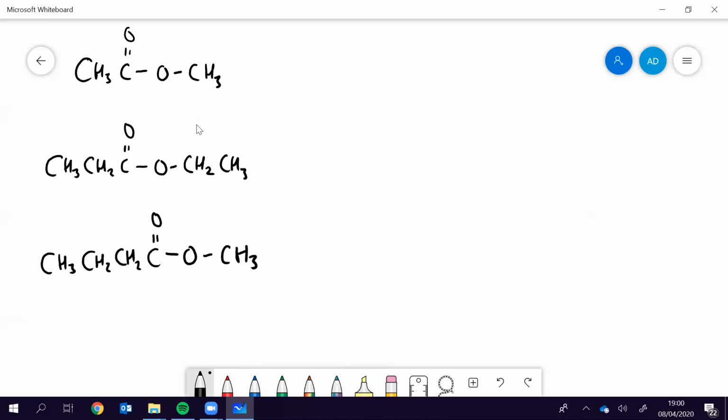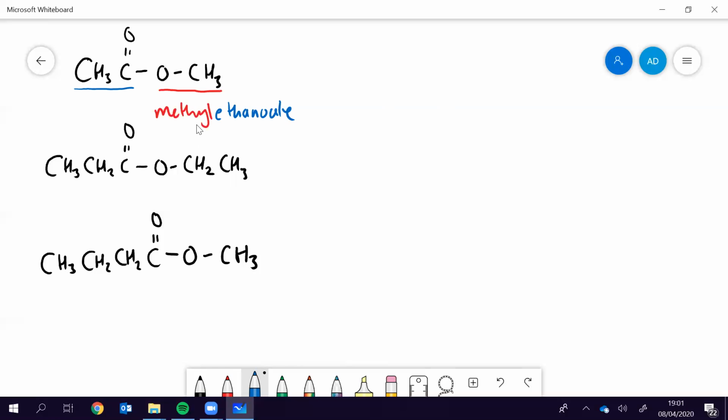Okay, so I've got 3 esters there. What would we call these? Well, this one has been made from methanol and from ethanoic acid, or the acyl chloride, and so we would call this one methyl ethanoate.